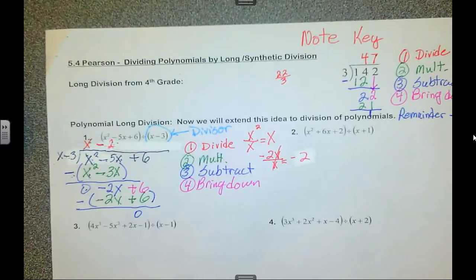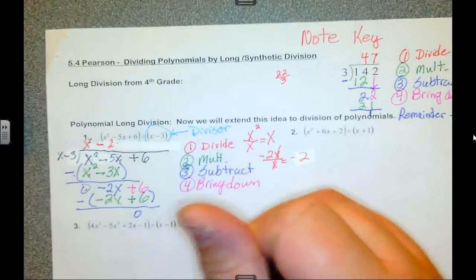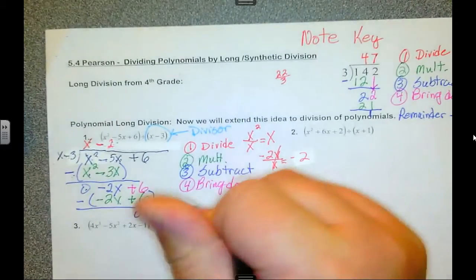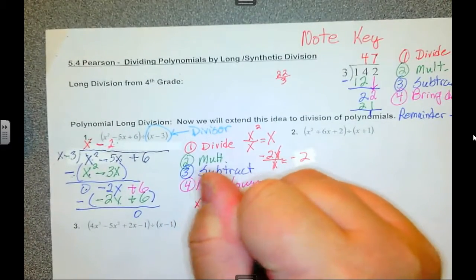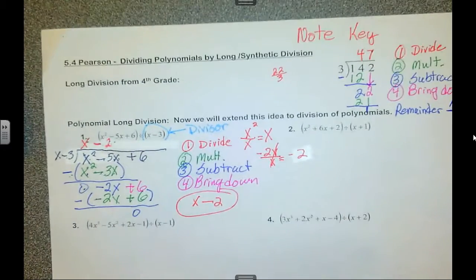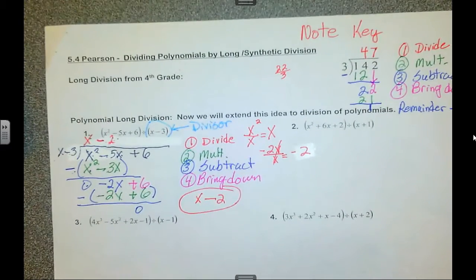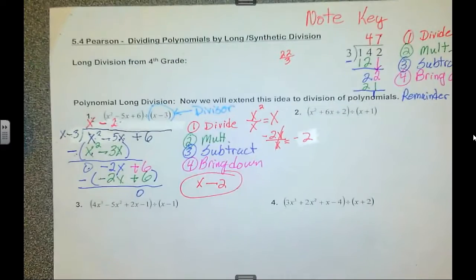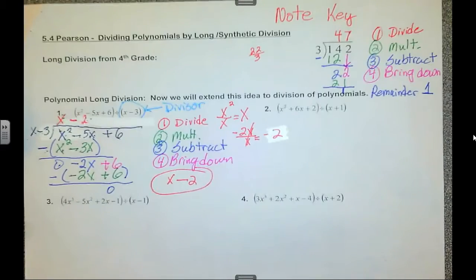So I don't have a remainder. Okay, this is my answer. X minus 2. Easy, right? As long as you follow the process that you learned back in 4th grade.